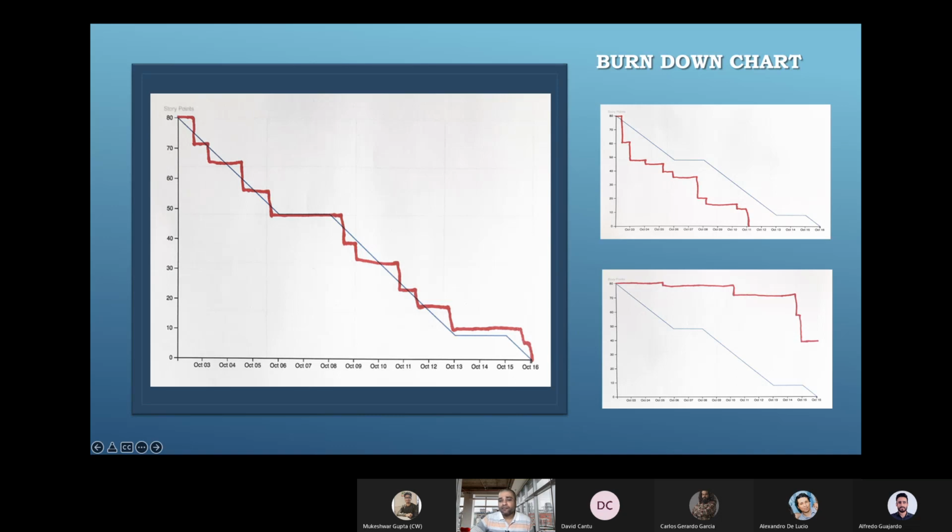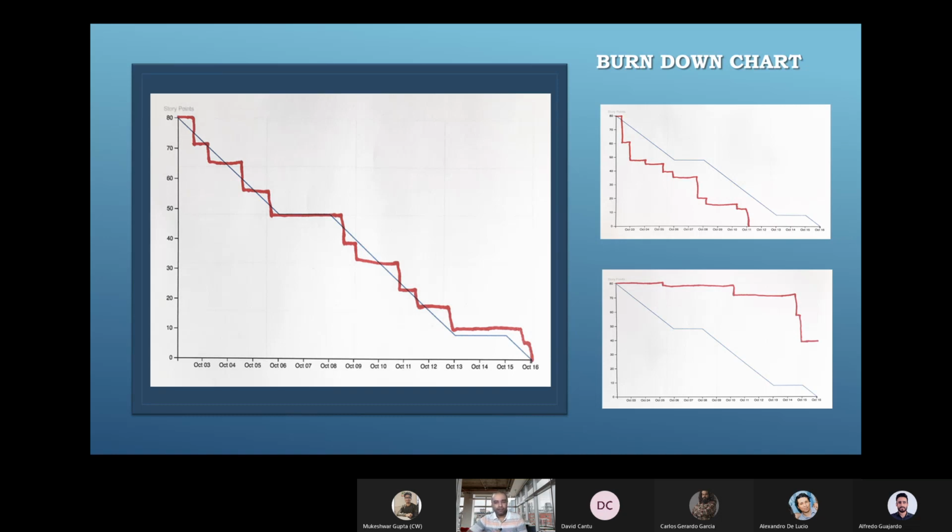And you can see on the right hand side there is one more chart. What that chart is showing is that we have taken 80 story points to be completed, but instead of completing those on the 16th, we are completing that on the 11th of October, which means we have done wrong estimation.